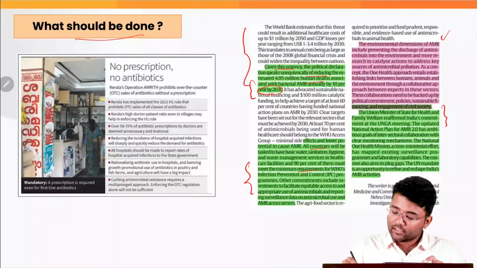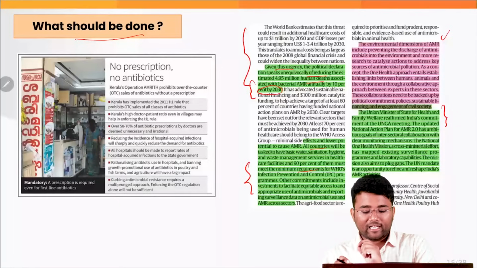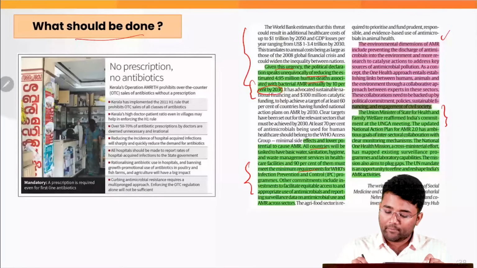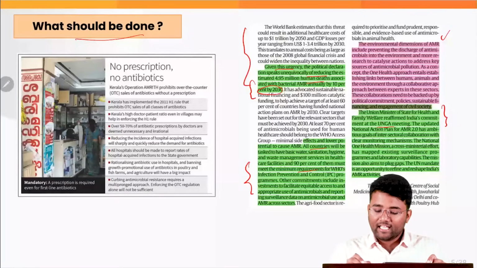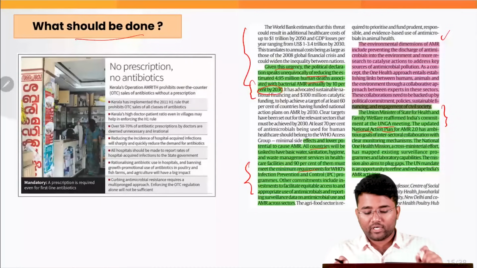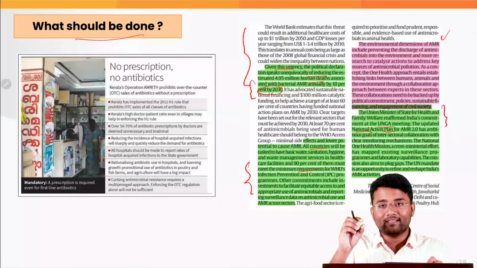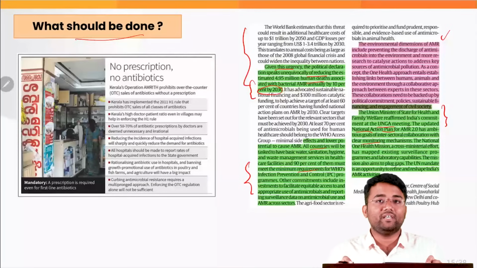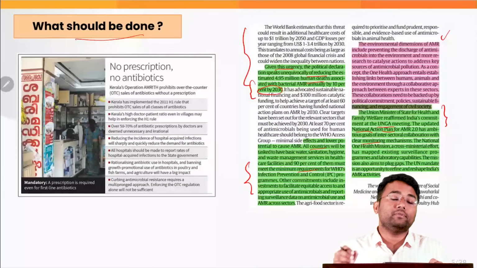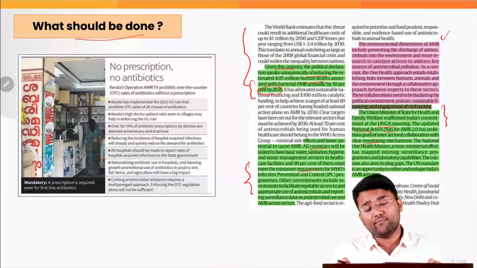Also, the Union Minister of State for Health and Family Welfare reaffirmed India's commitment at the UNGA meeting, the updated National Action Plan for AMR 2.0, which has ambitious goals and inter-sector collaboration with a clear monitoring mechanism that needs to be properly followed.